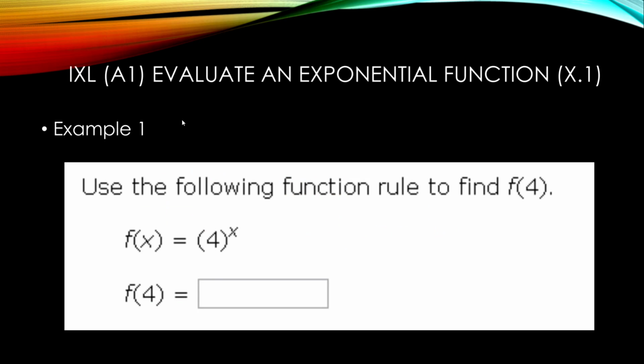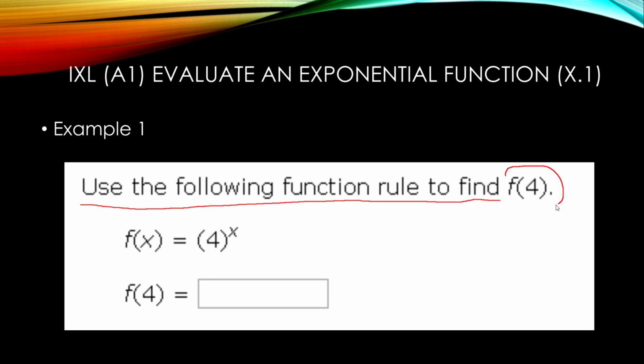Okay. So I do have a few examples for the IXL today too, just so you know what you're going on, because there is something a little bit of a curveball with it, something a little new, but I think you guys will all pick up on it just fine. This is called a function rule.